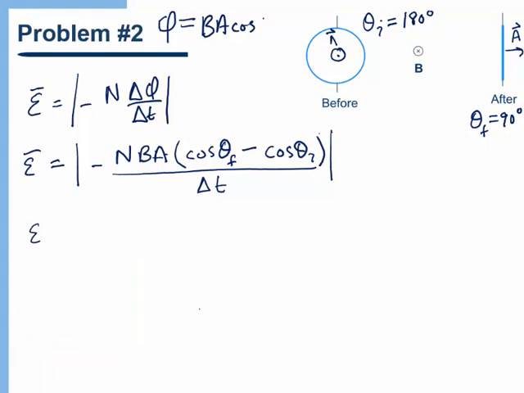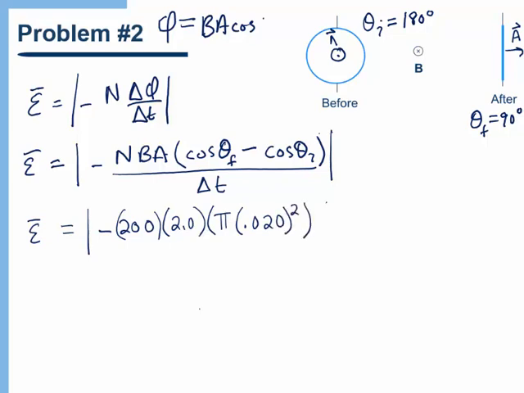So let's plug in the numbers. We've got number of coils is 200. We've got our magnetic field strength, which is 2 teslas. The area is just pi r squared, so 0.020 squared times pi. And now we have the thing that's actually changing.